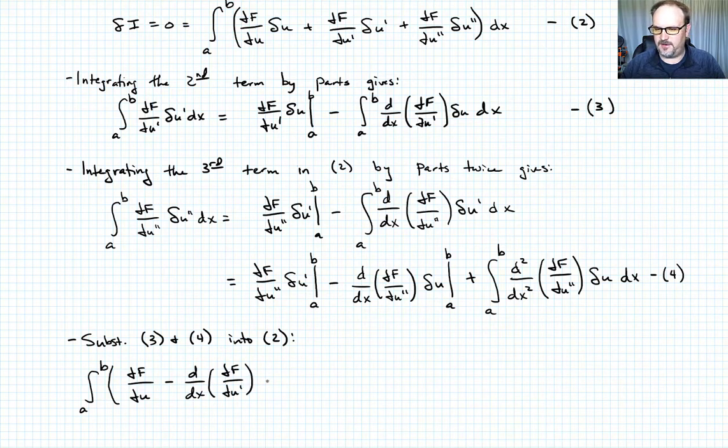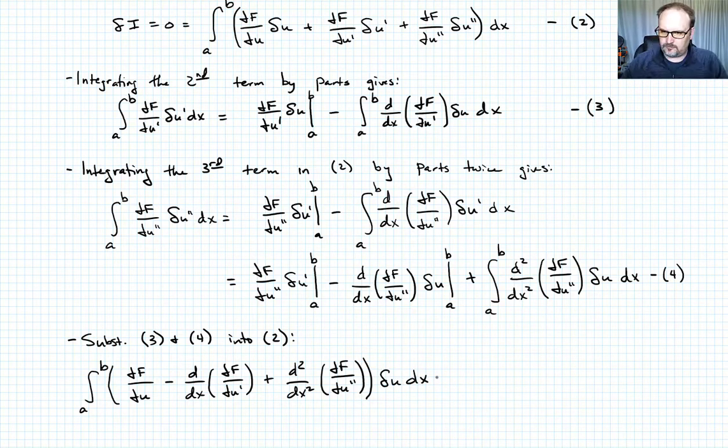And then this third term has the integral component plus d squared dx squared of partial f with respect to u double prime. And then we'll factor out that delta u dx. So that's the integral term.